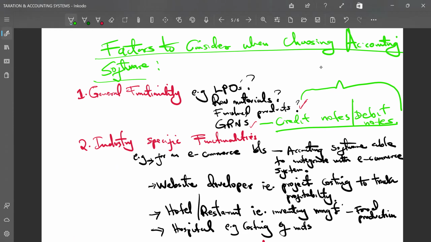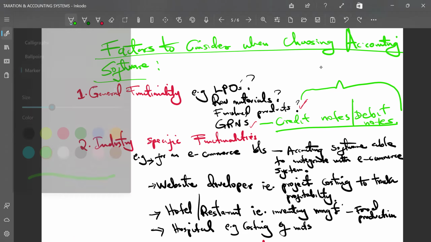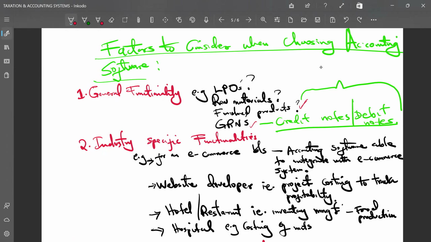Now, remember, there is tax implication. In fact, let me write this in red because I want you to look at the bigger picture. The essence of all this discussion is just to challenge you and to look at the bigger picture. And I want you to look at the tax aspect. How does your system handle credit notes in terms of tax?